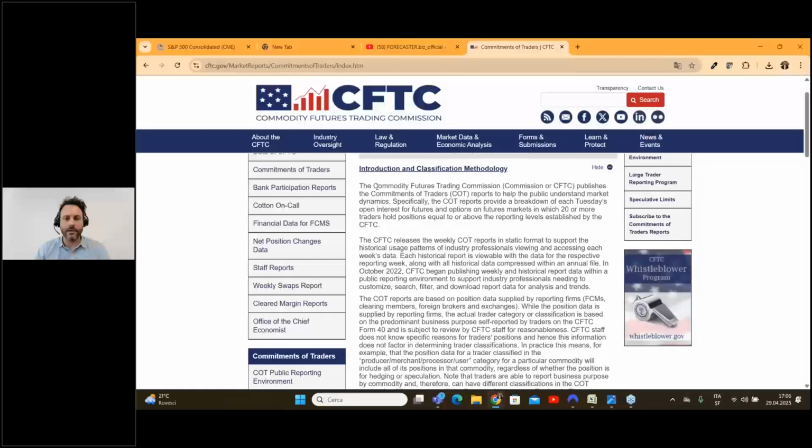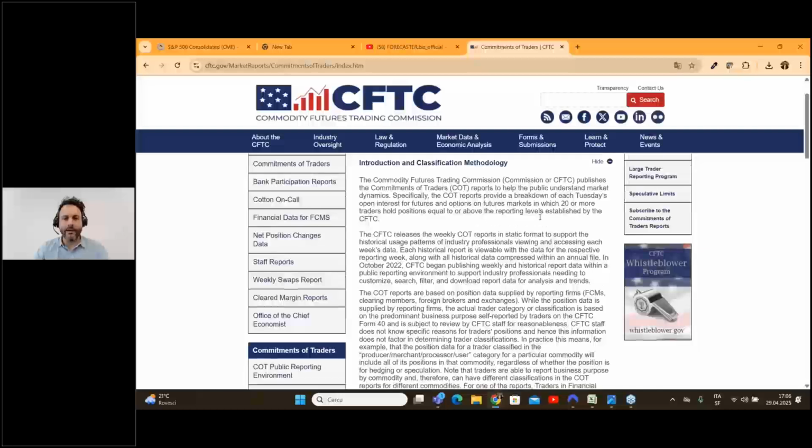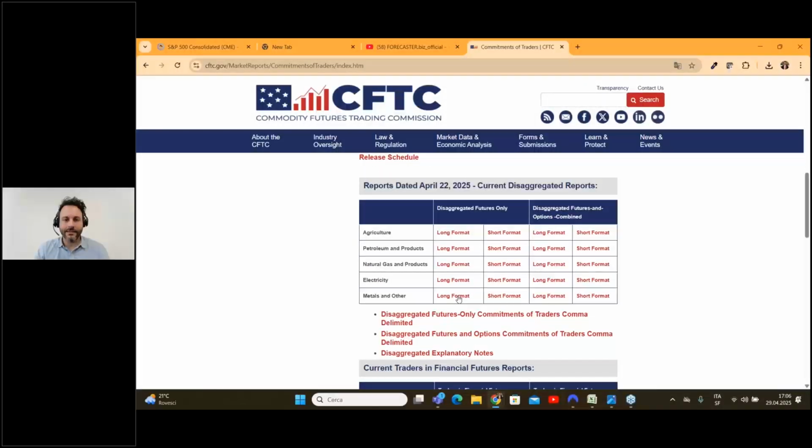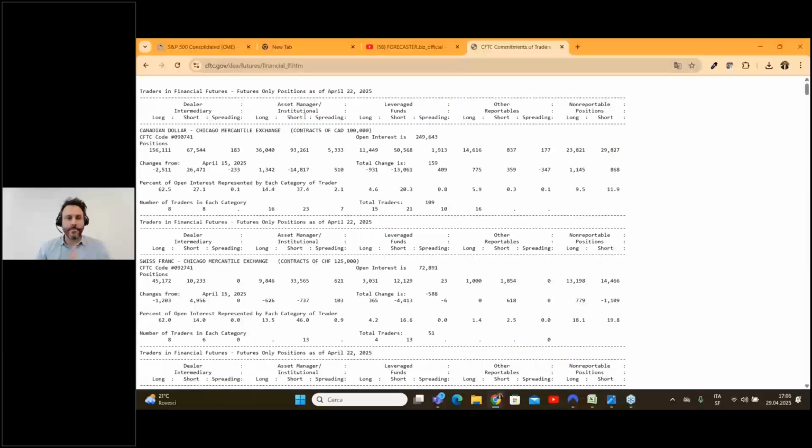The name is Commitments of Traders. It is a special report they publish every week, where they tell us exactly if asset managers, leveraged funds, and all the other categories of the markets are long or short on a specific future.